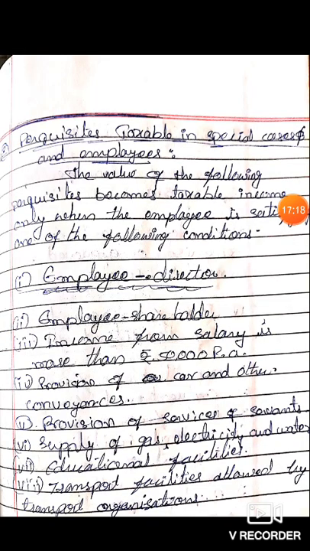Next, perquisite taxable in special cases and employees. The value of the following perquisite becomes taxable income only when the employee is satisfying one of the following conditions. When the employee is a director, so if an employee is also director of the company, then the perquisites paid for that employee are taxable.